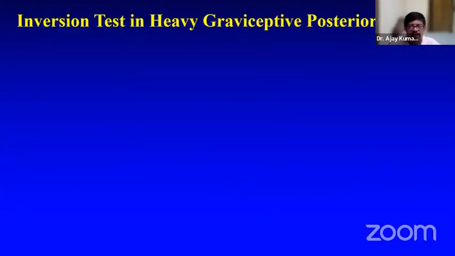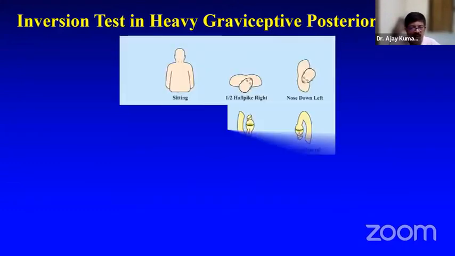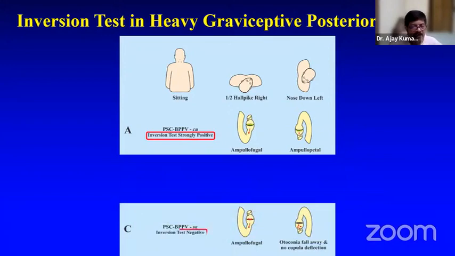Inversion test in heavy graviceptive posterior cupula, I said, can have 3 variations. One is that the inversion test is strongly positive. That is, the intensity of the nystagmus in the half Hallpike position is as robust in the nose down to the opposite side, that is, the inverse position. This happens when there is posterior semicircular cupulolithiasis alone. The second is the negative inversion test, as we had seen. In the inverse position, the otoconia fall away and there is no cupular deflection, and the inversion test is negative.